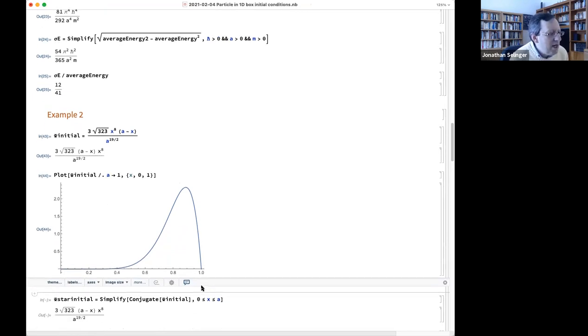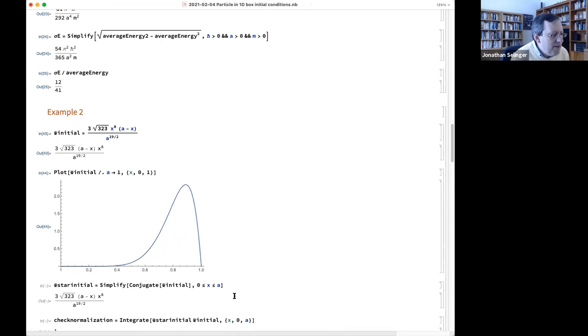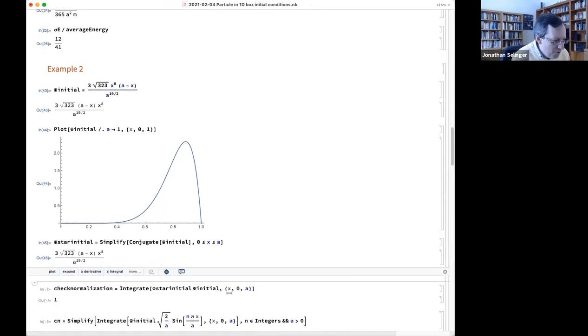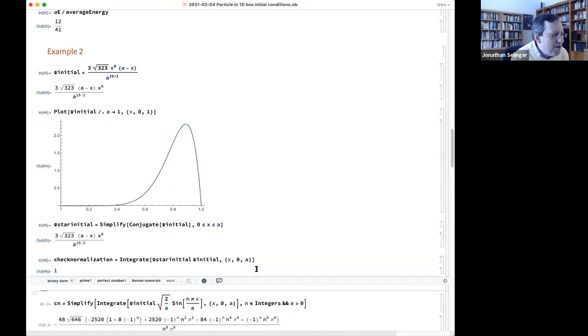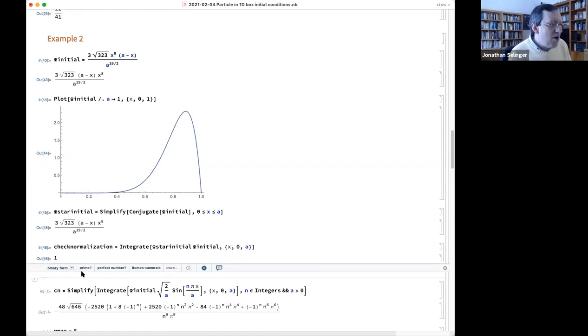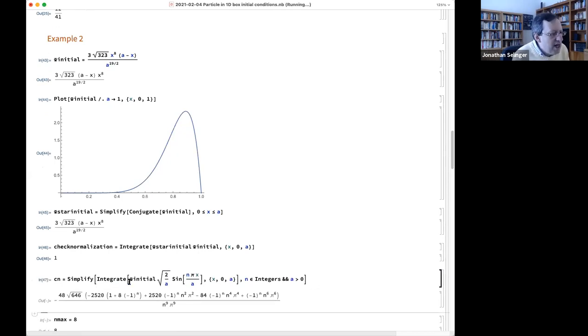Well, we first, of course, check to see that it's normalized, which we always do. And in fact, yes, the normalization is 1 because I already did it in advance, so I didn't mess it up, good. Now let's find the c_n coefficients.